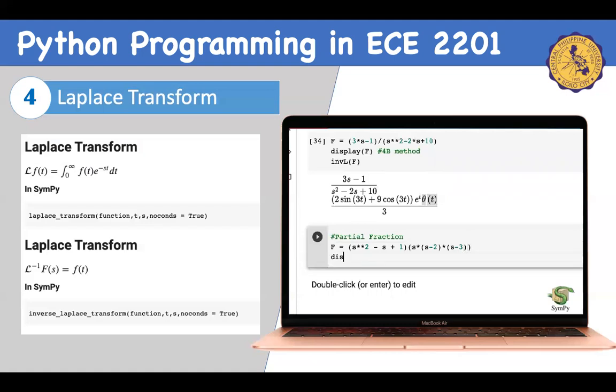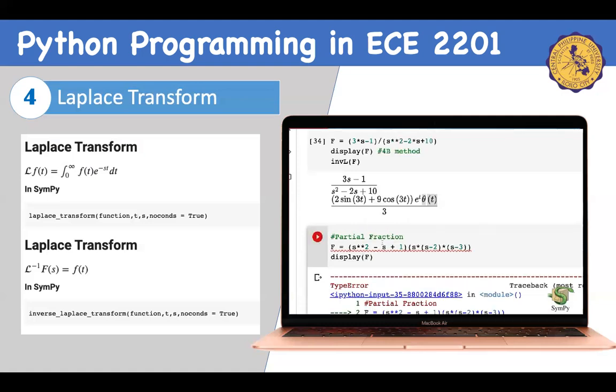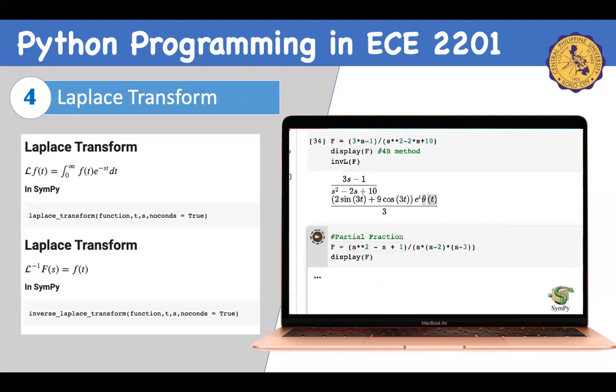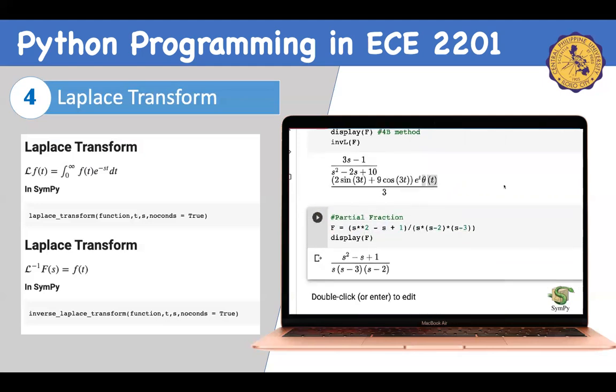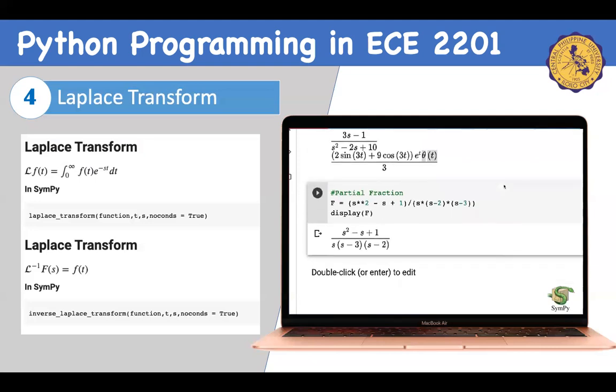And then we are going to display f. Let's try. Oh, what is missing? Okay, I found it. We are missing a slash. Okay, now that's your fraction.